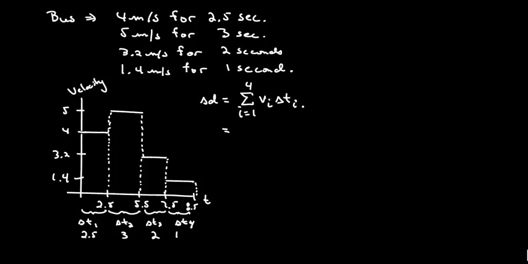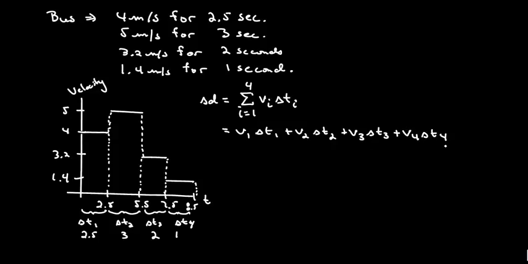So this expands out to V1 delta T1, plus, because we're summing, V2 delta T2, plus V3 delta T3, plus V4 delta T4.